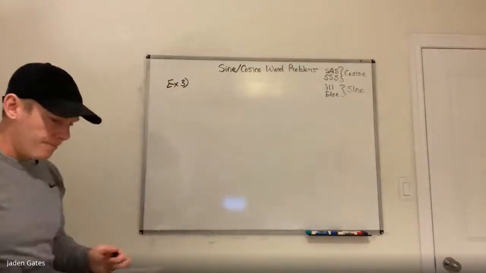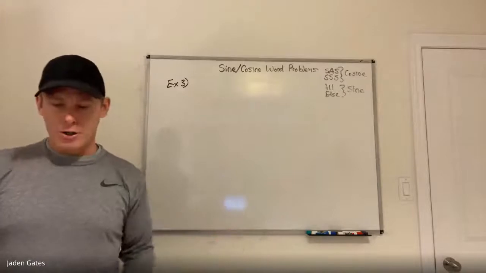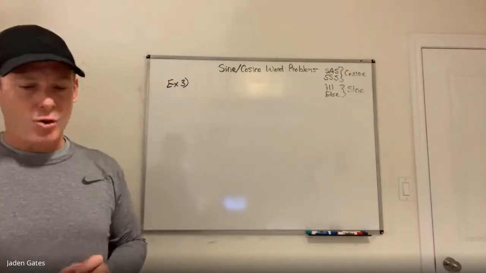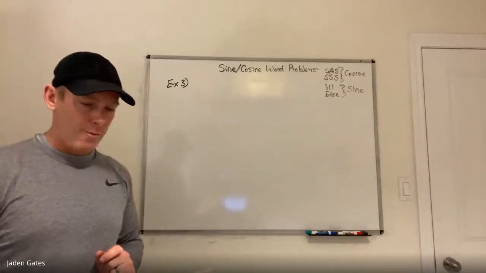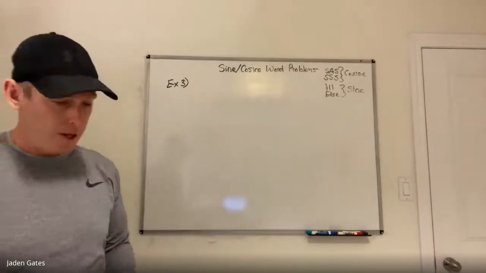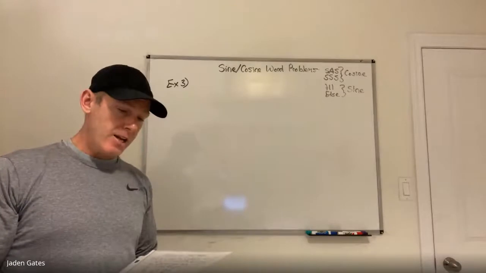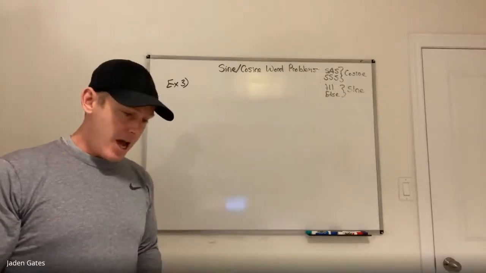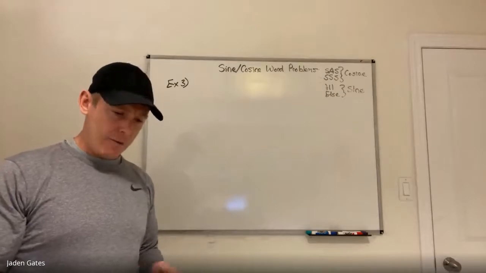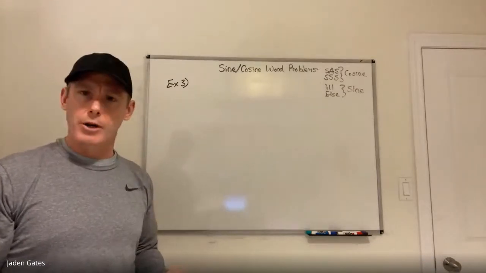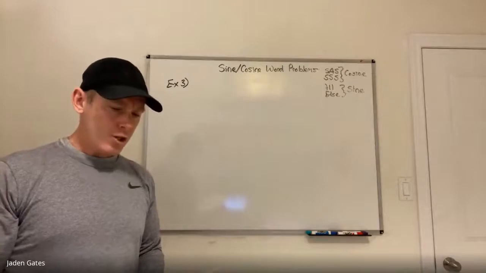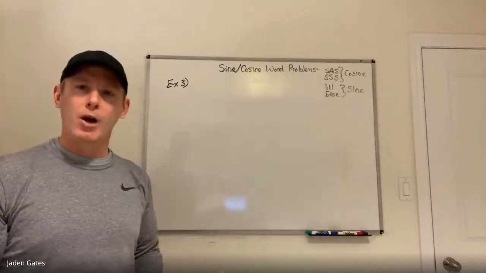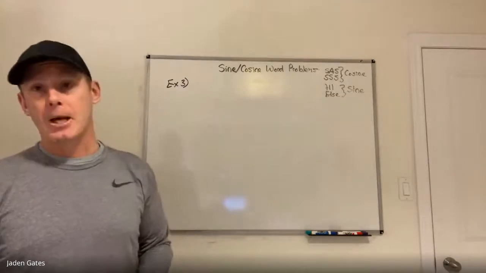Let's see here what we got. Again, reading the question first. When laying an underground cable, a workman uses the 250-meter long straight property line as a reference. The angle from one end of the property line to the house is 64 degrees. And the angle from the other end of the property line to the house is 71 degrees. What is the shortest possible cable length that can be used to get from the house to anywhere on the property line? Interesting.